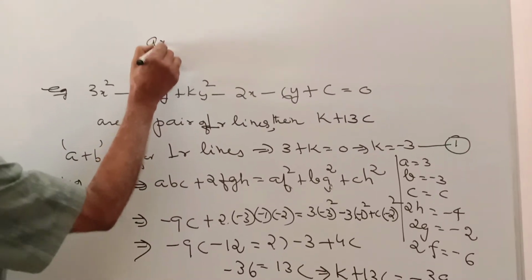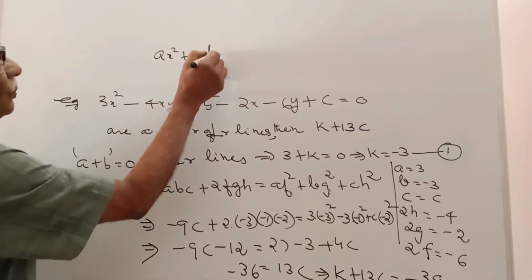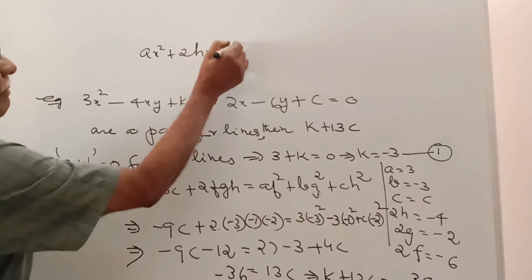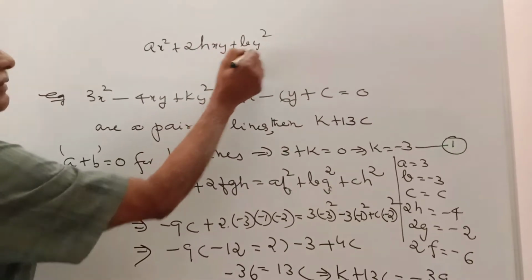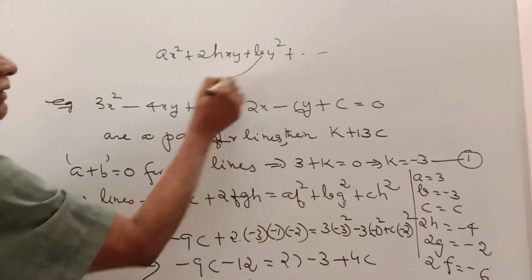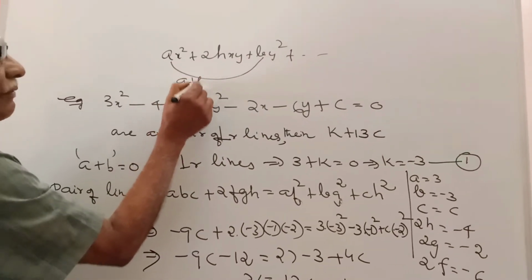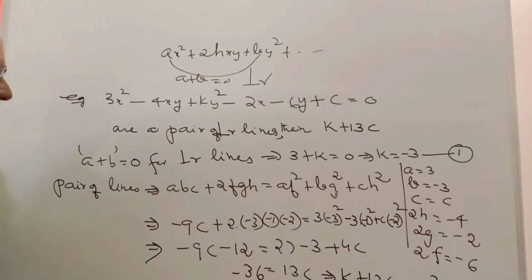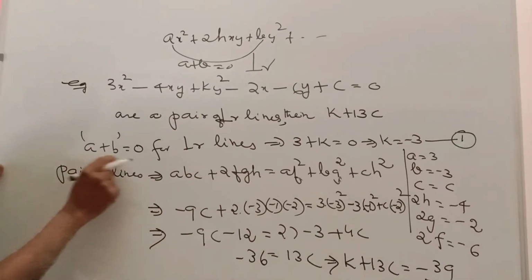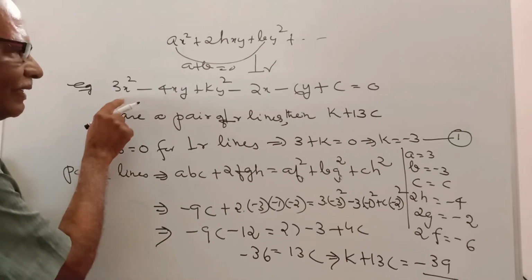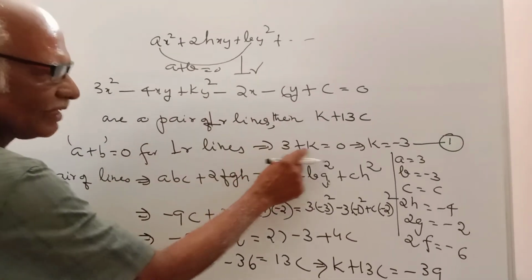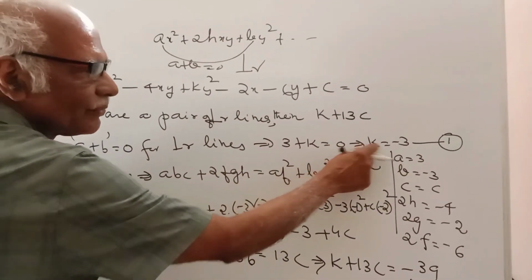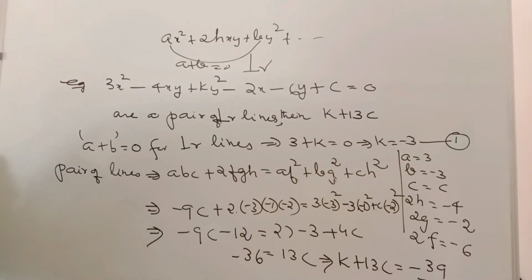You know ax squared plus 2hxy plus by squared, and then the remaining. Now we apply that: a plus b equals 0. A is 3, b is k. So 3 plus k equals 0, giving you k equals minus 3.